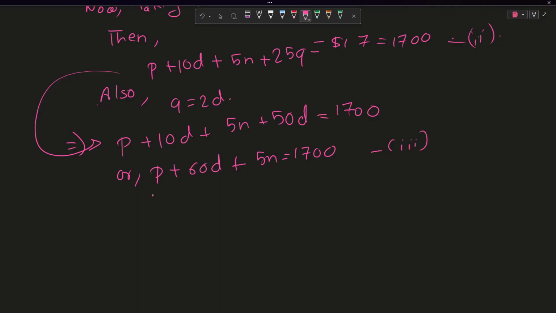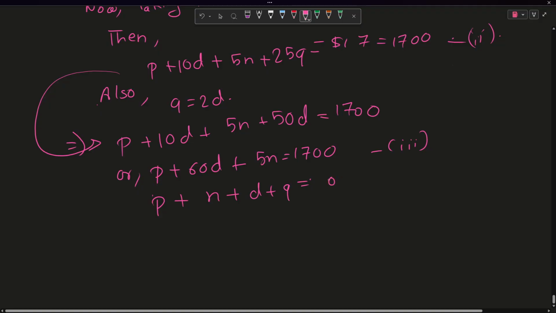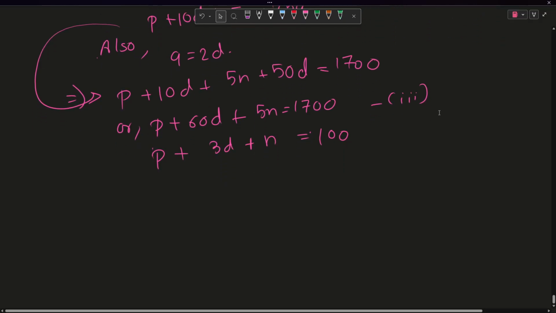And recall equation 1, which is just P plus N plus D plus Q is equal to 100. But we have Q is equal to 2D, so this is just 2D, which implies this is just 3D. So we can write this as 3D plus N. And now we just multiply this by 5 and then subtract.